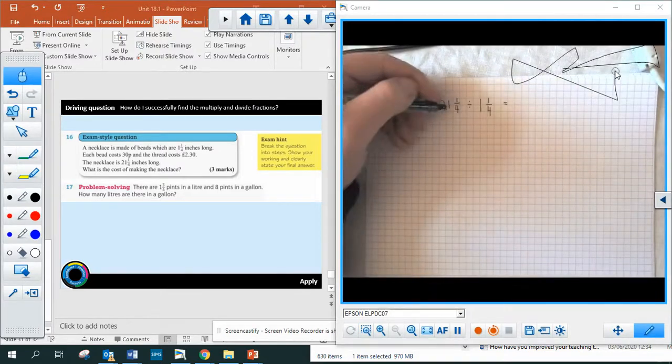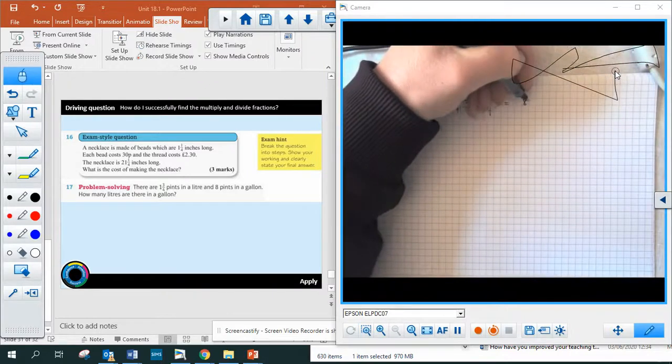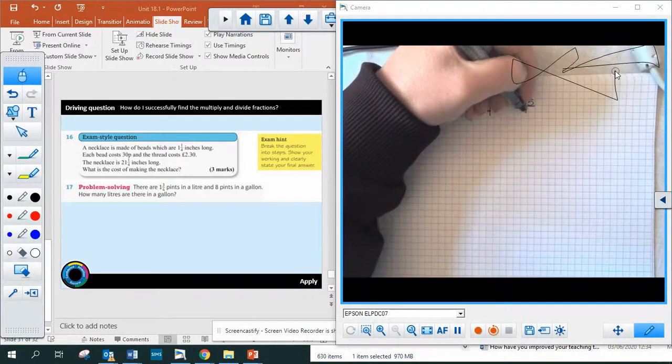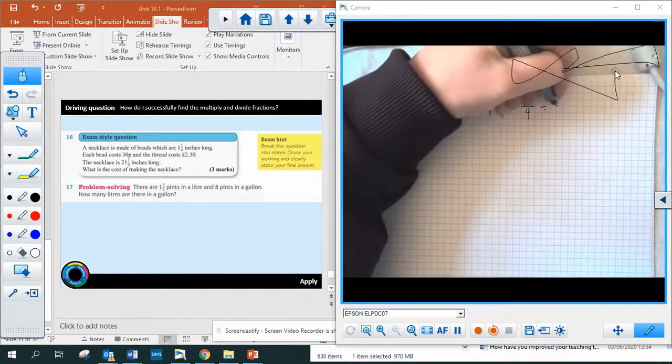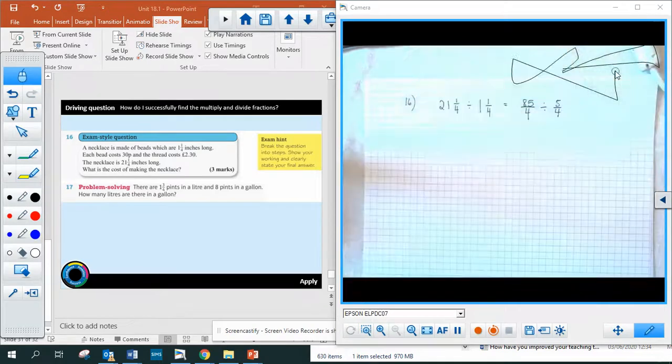So 21 multiplied by 4 is 84, plus 1 is 85. That's 85 over 4, divided by 1 times 4 is 4, plus 1 is 5, 5 over 4.